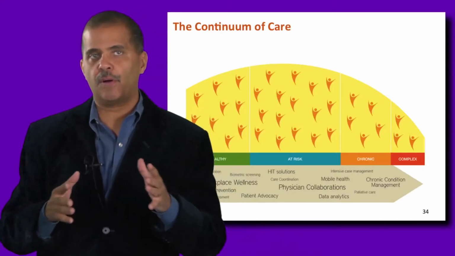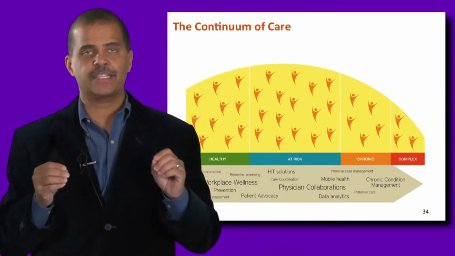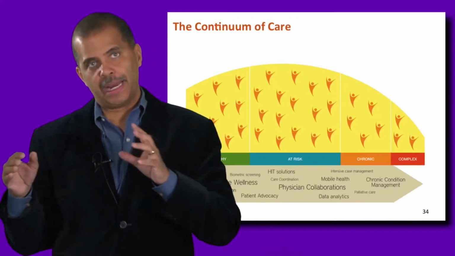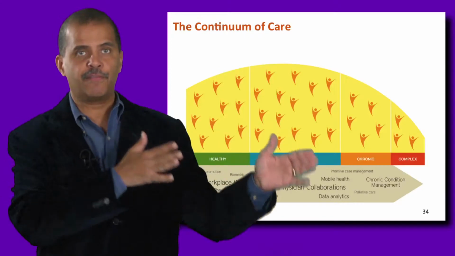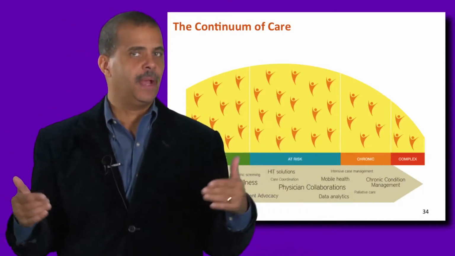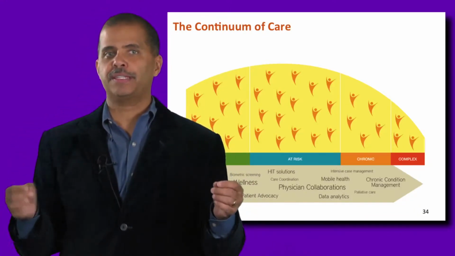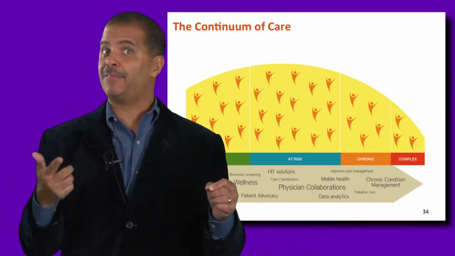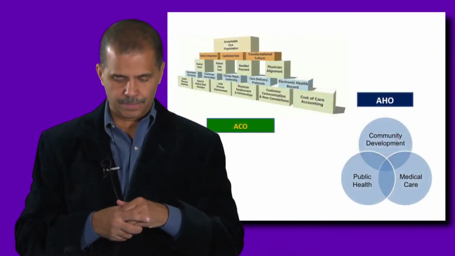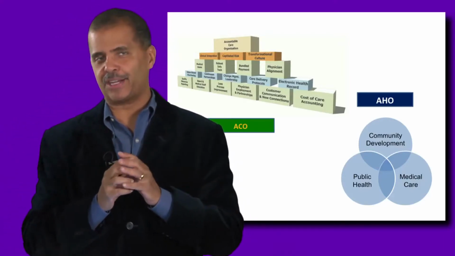The day of only focusing on complex or chronic is over. And if you have an at-risk contract, then it behooves you to really focus along the whole, not just care continuum, but what I would call continuum. Because part of community health is you never want people actually to receive care, because that is a failure to some degree.